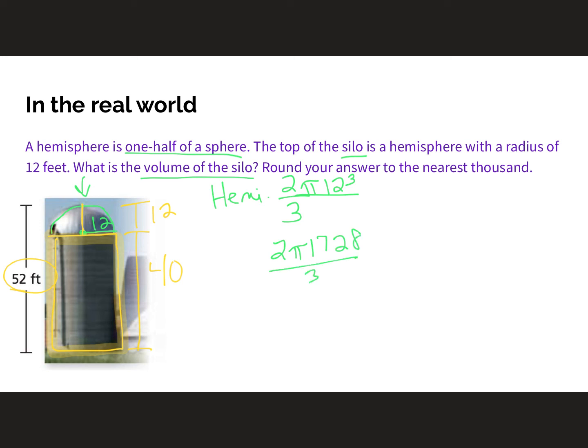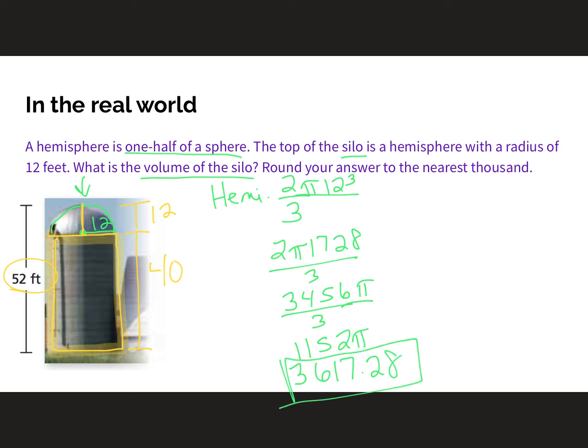So that is 3,456 pi divided by 3. So I'm going to divide the 3,456 divided by 3 gives me 1,152 times pi. When I multiply that times 3.14, I simply get 3,617.28 as the volume of the hemisphere.